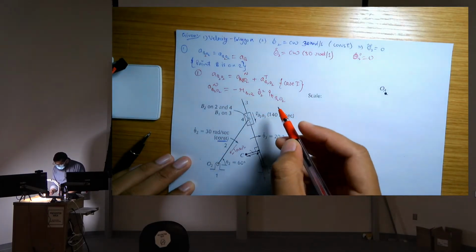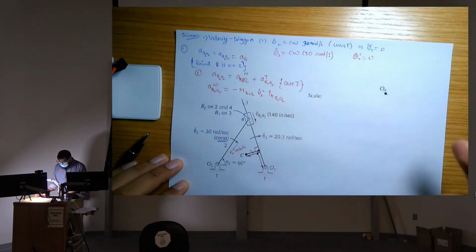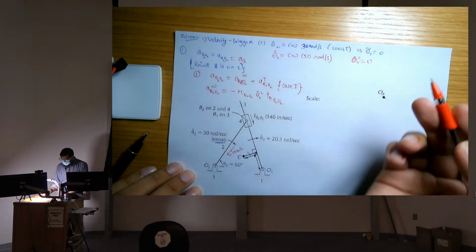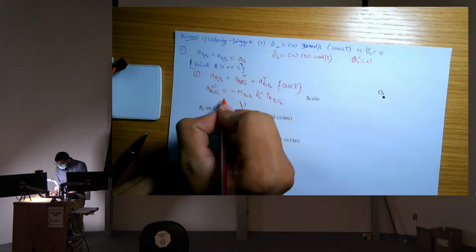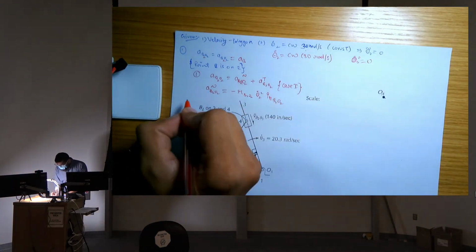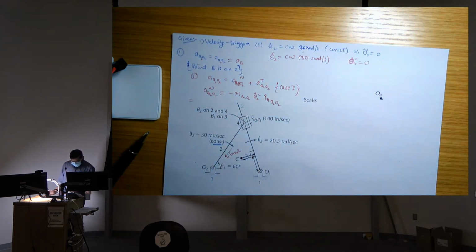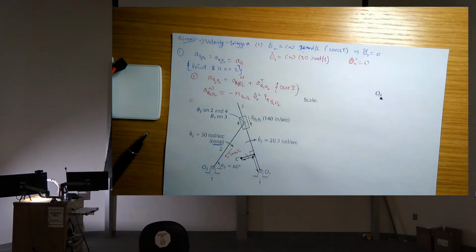So RB2O2 we can have, and theta 2, do we have theta 2? Okay, theta 2 is given to us, that is 30 radian per second. If we directly put the values, what is R? Let me grab this. I have the measurements.